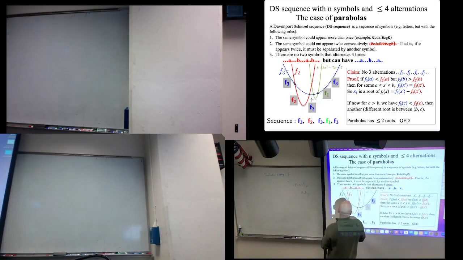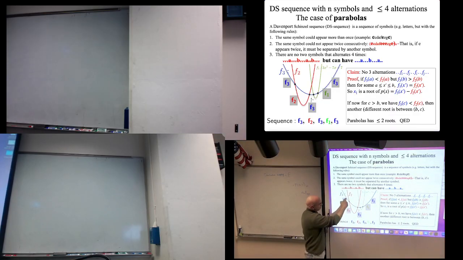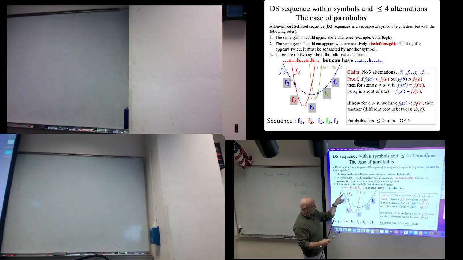Now, I'm not saying that there are no functions that appear between F3 and F2. Possibly there are a few other functions that appeared in between, but obviously F3 here is below F2 because it's on the lower envelope.